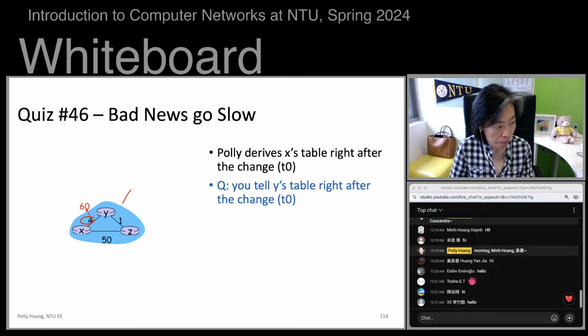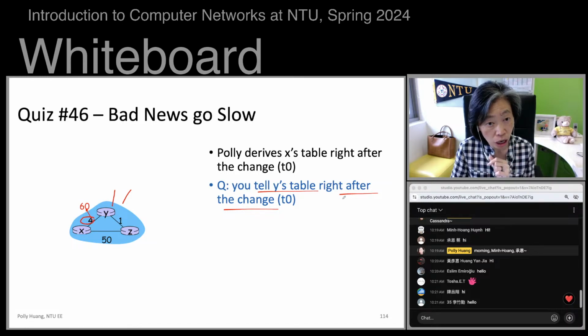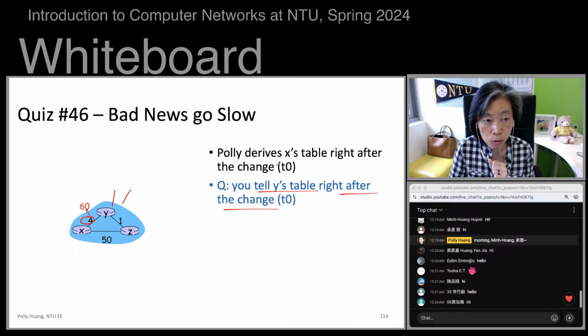So what you'll be asked to do is this: can you calculate Y's distance vector table right after the change, meaning time 0? Now, this can be a bit challenging for you guys. So what Polly is going to do is derive X's table right after the change.